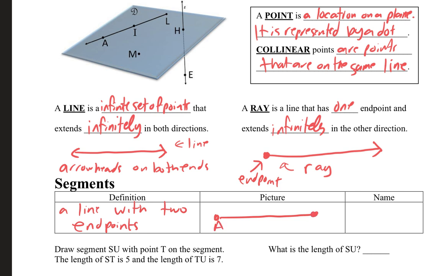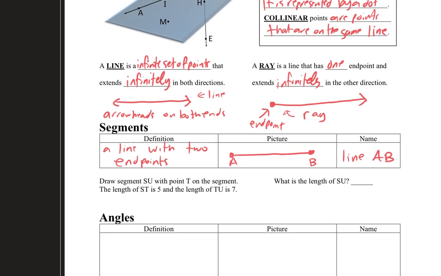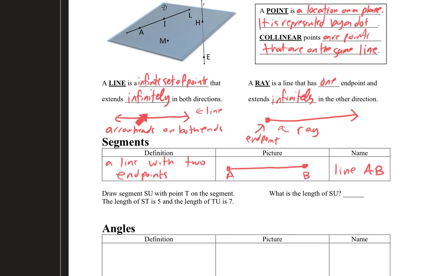And if we call that A and that B, point A and point B, then we would call that line AB. Okay, so those are our first pictures that we're going to draw. A line just has arrowheads on both ends like that. A ray has an endpoint and then an arrow point on the other end, and a segment has two endpoints.